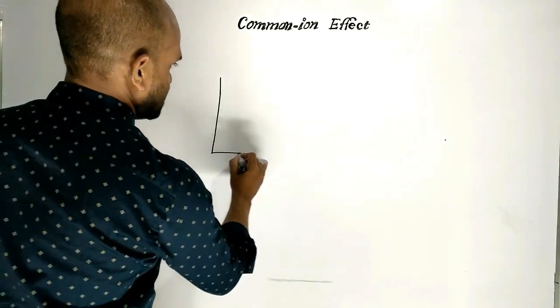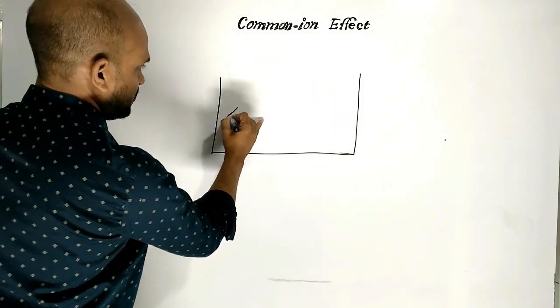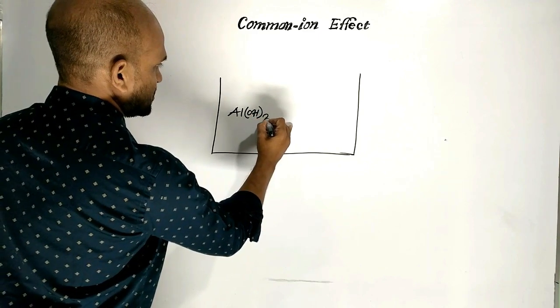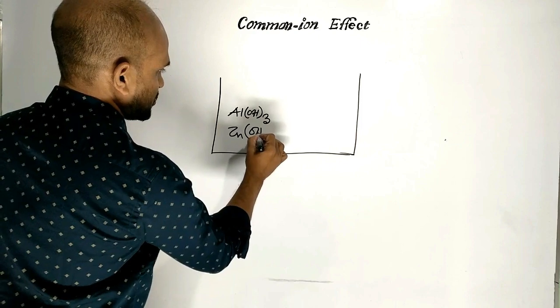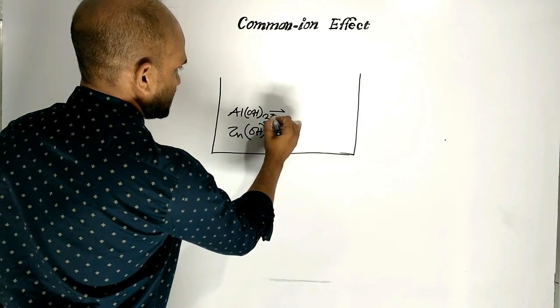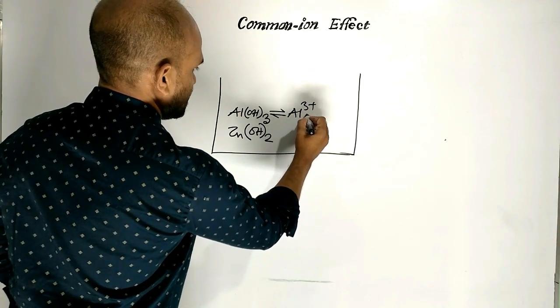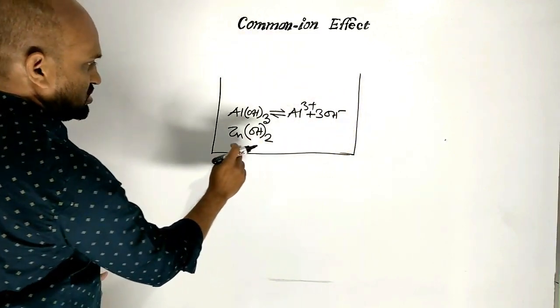Again, suppose this is a mixed solution of aluminum hydroxide and zinc hydroxide. Aluminum hydroxide ionizes to aluminum ion and hydroxide ion.